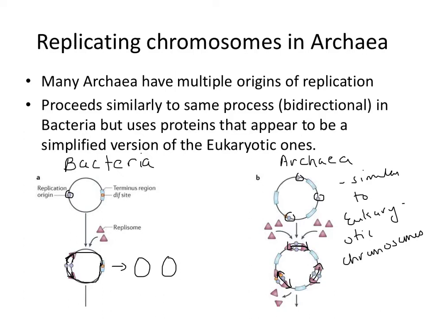For example, the major DNA polymerase that does DNA replication in archaea comes from the same family of DNA polymerases as the eukaryotic one, which is a different family than DNA polymerase 3, the major DNA replicating enzyme seen in bacteria. So in short, archaea have DNA replication proteins more similar to eukaryotic ones, albeit simplified versions of those proteins.